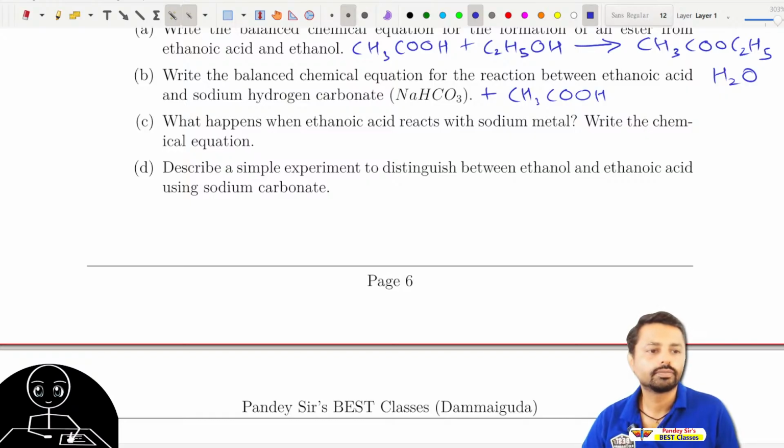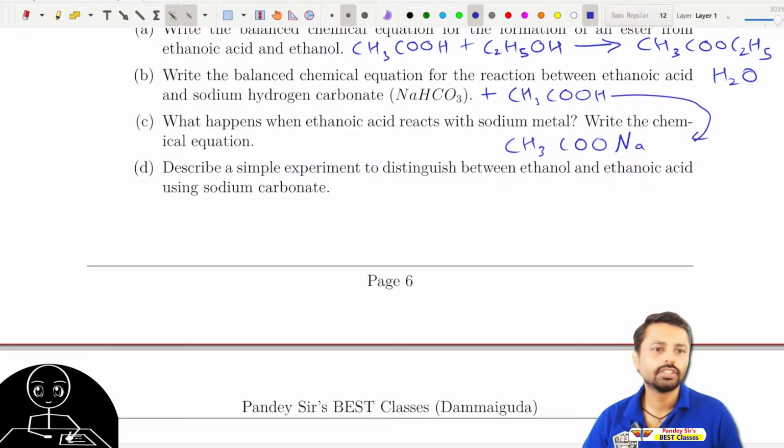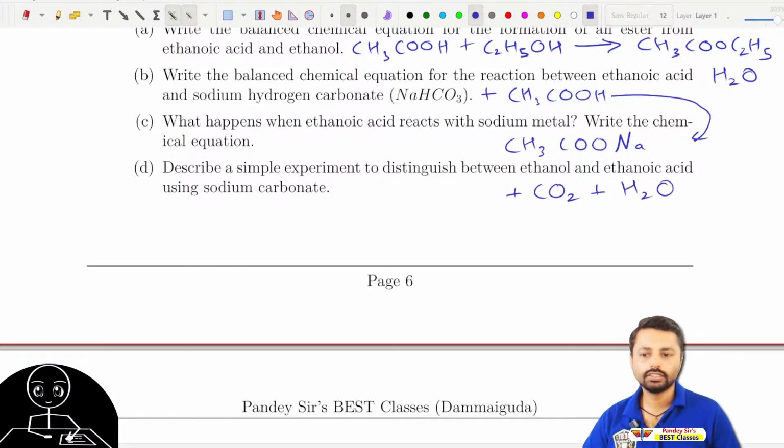So we get CH3COONa, a soap that helps in micelle formation and everything. And then something else is remaining. We get water and carbon dioxide. So plus CO2 plus H2O. It's balanced pretty much. Anyway, so this is the answer.